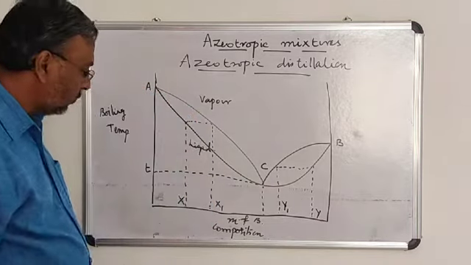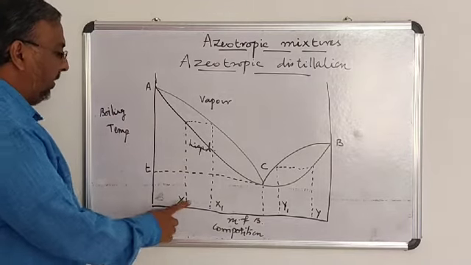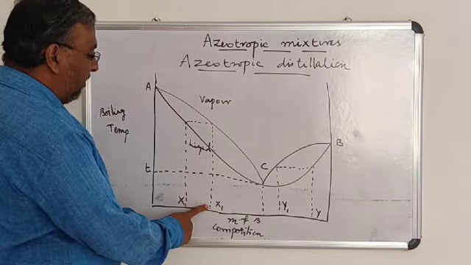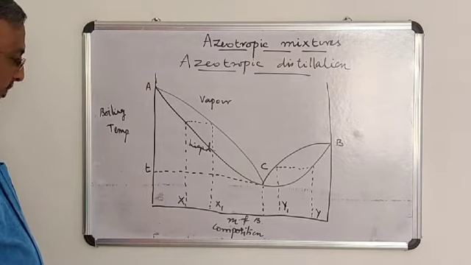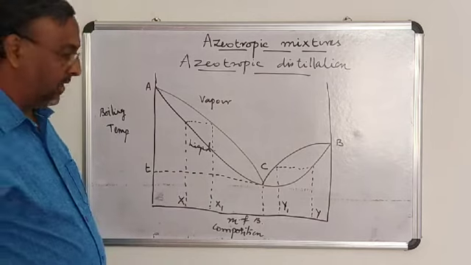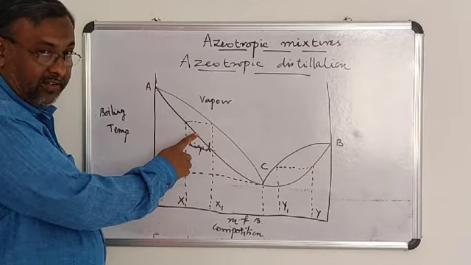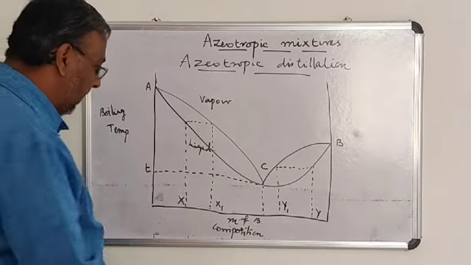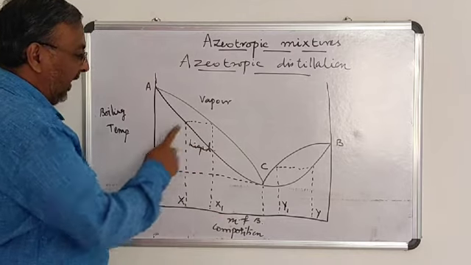Listen. Now let us consider, when a solution of composition X1 is distilled, what happens? The first distillate collected, that is, the vapors collected, will have a composition X1.